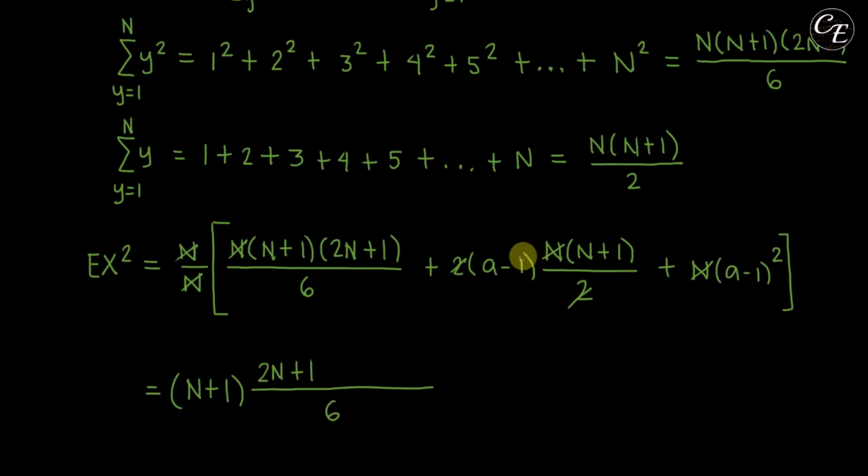Then what we're left with in here is a minus 1. And then multiply by 6, we have 6a minus 6. So we have here 6a minus 6. And then in here we have plus square of a minus 1.